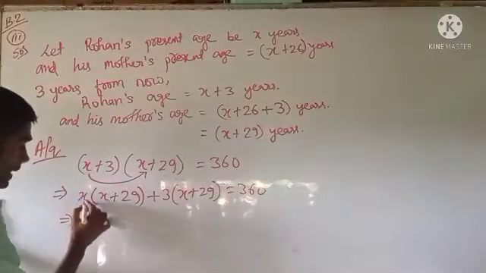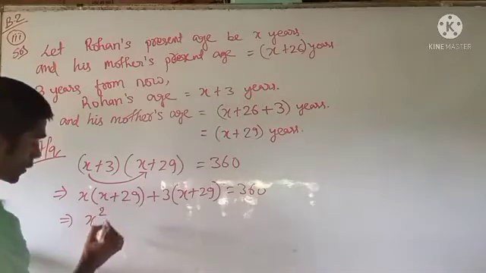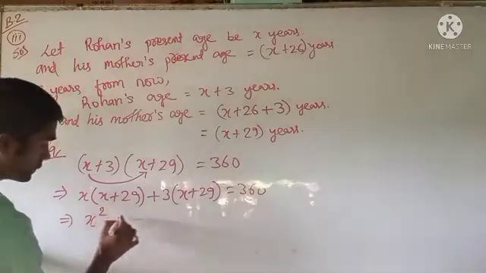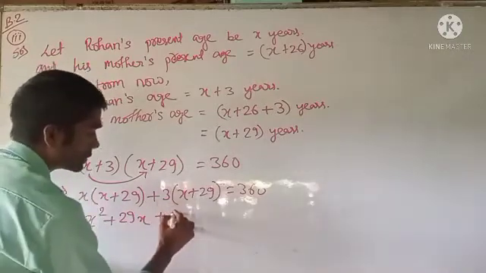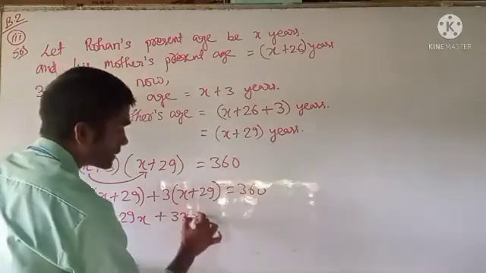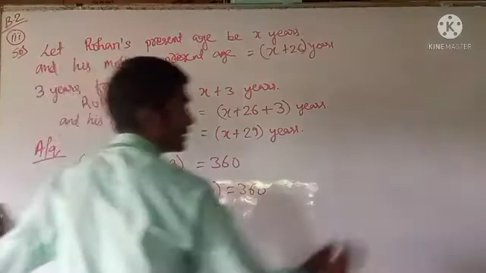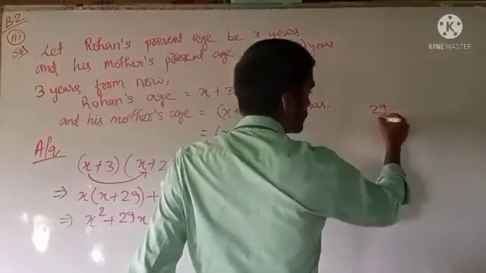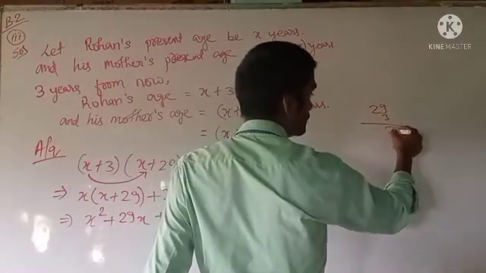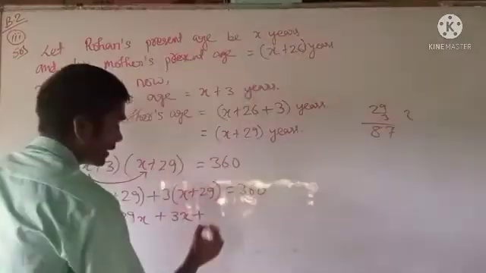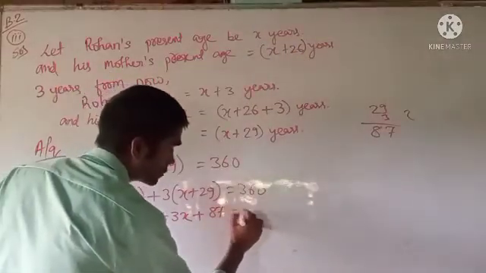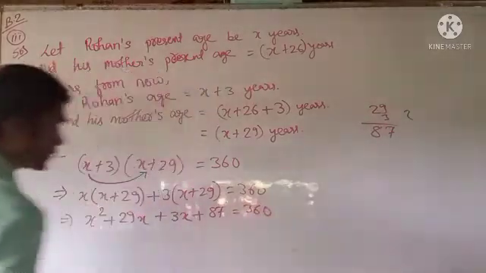Now we will remove the brackets. x into x will get x square. Again x into 29 will get plus 29x, plus 3 into x will get 3x, plus 3 into 29. So let us multiply 29 into 3. 9 into 3 is 27, 7; 2 into 3 is 6, plus 2 is 8. So we got 87 equal to 360.